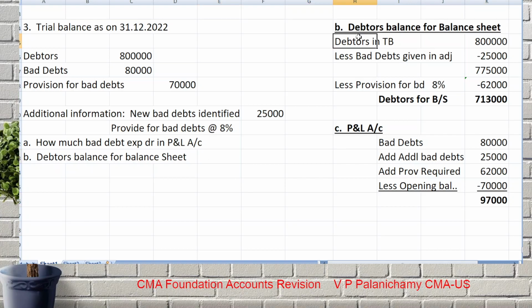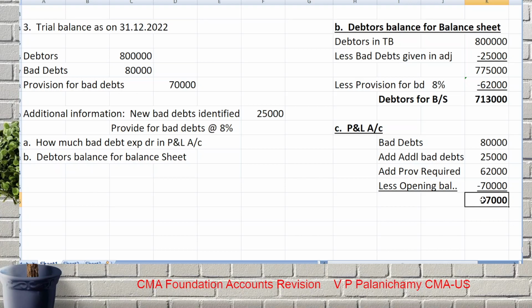Check your answer. Debtors in trial balance minus new bad debts. Then if you put 8% on that, provision required. So debtors for balance sheet will be this much. Bad debts, add additional bad debts, add provision required minus opening balance. This amount will be charged in which account?